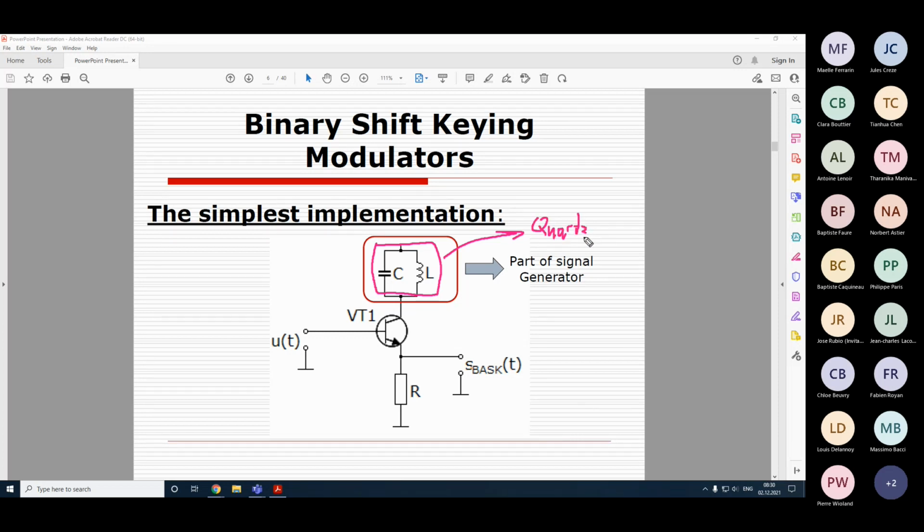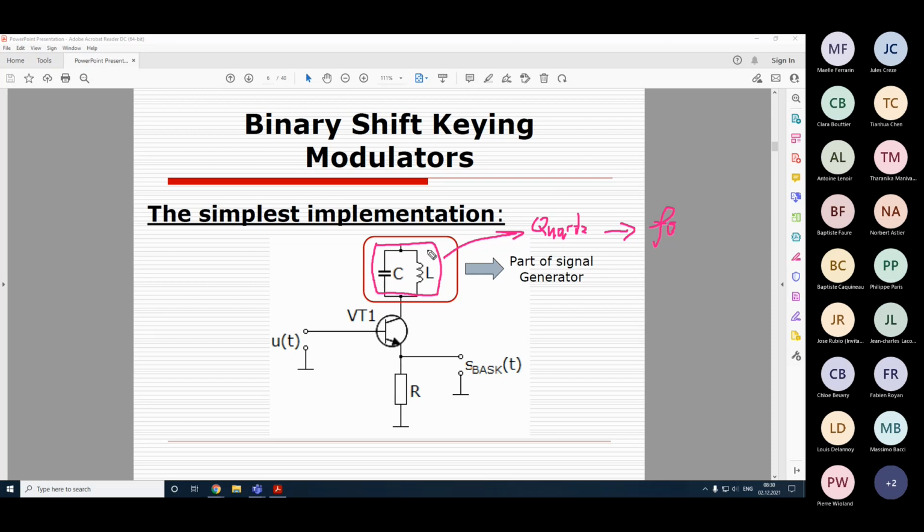For example, even your electronic wristwatch has a quartz crystal in it because it's very stable compared to this schematic consisting of two reactive elements which have their losses, which depend on temperature and so forth. And quartz is much more stable, meaning that it will generate the frequency f0 much more precisely, and it will not change as much in time.